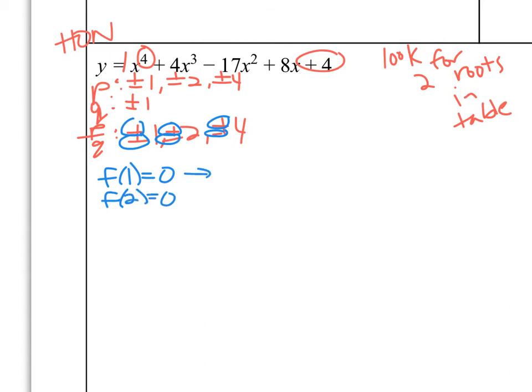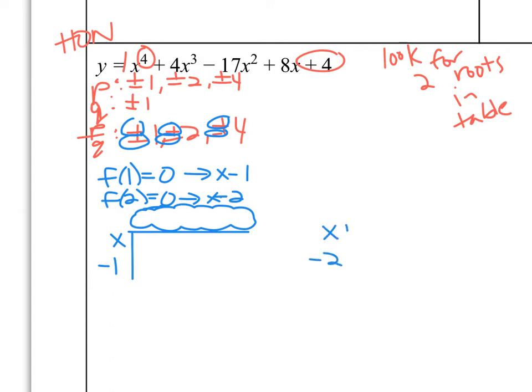So what that means is that x minus 1 is a factor and x minus 2 is a factor. So I'm going to divide twice. I'm going to divide the first time with x minus 1. I could have started with the other one, but I'm just going with x minus 1. And then I'm going to take that answer and divide that answer by x minus 2.